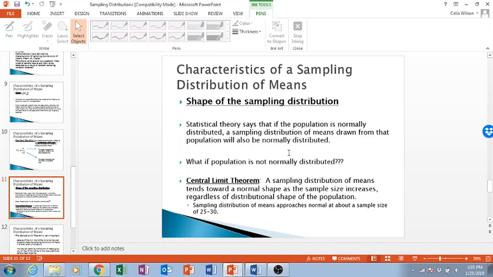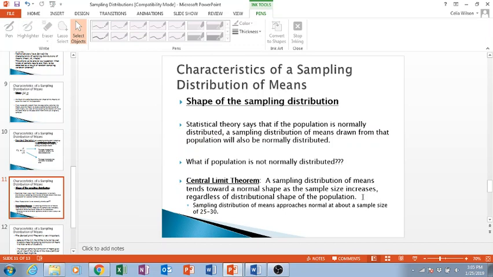Okay. We also know the shape of the distribution of sampling means is going to be normal. So those skewness and kurtosis values are going to be right around 0. The central limit theorem tells us that a sampling distribution of means tends toward a normal shape as the sample size increases, regardless of the distributional shape of the population.